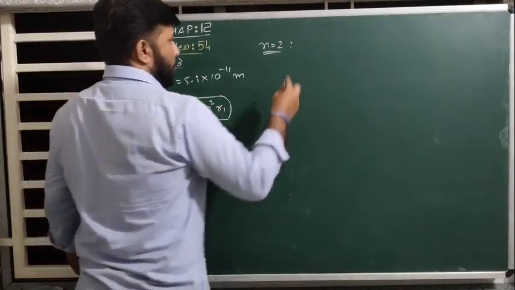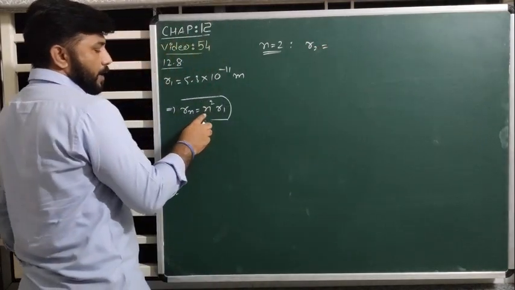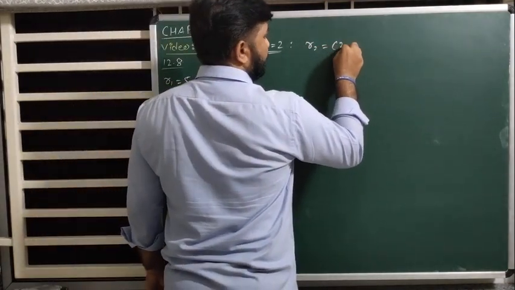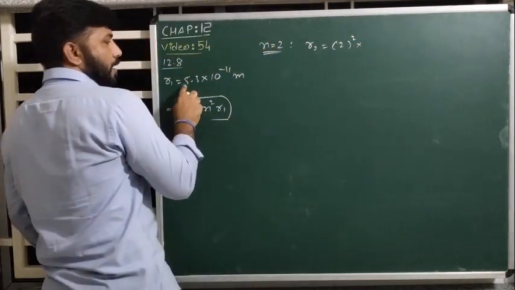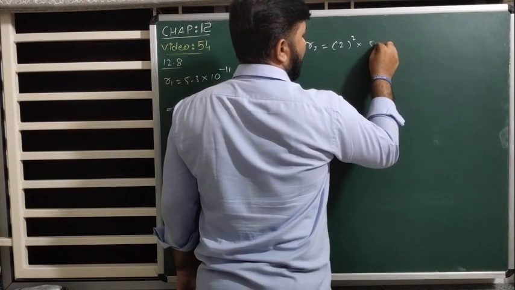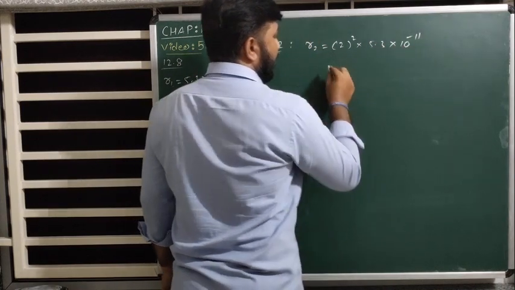So you will get R2 is equal to 2 square multiplied by R1, value is here, 5.3 multiplied by 10 raised to minus 11.